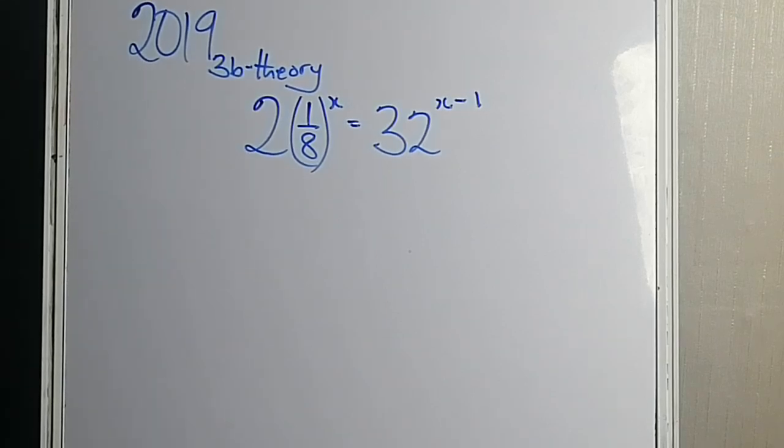Hello, ladies and gentlemen. This is a theoretical question under indices, and it's very simple. It's a question from one of the recent years, 2019, about 6 years back, if I'm not mistaken.